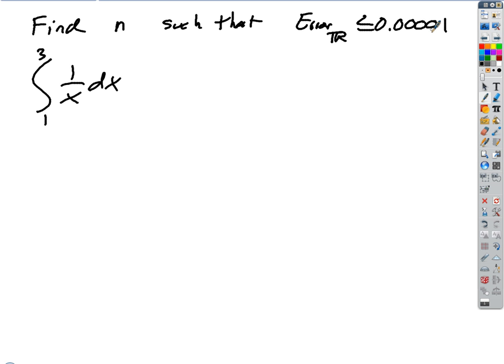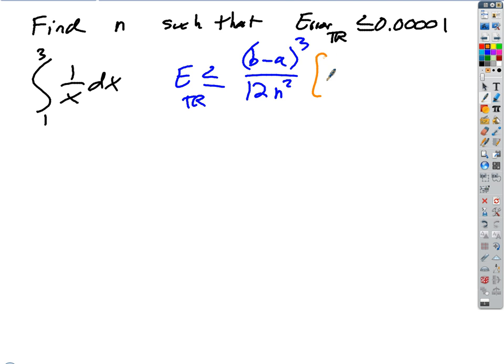So we need the trapezoidal rule error formula, which tells us the error is less than or equal to B minus A cubed over 12N squared, times the maximum of the absolute value of the second derivative of f(x) on our interval, which is from 1 to 3.